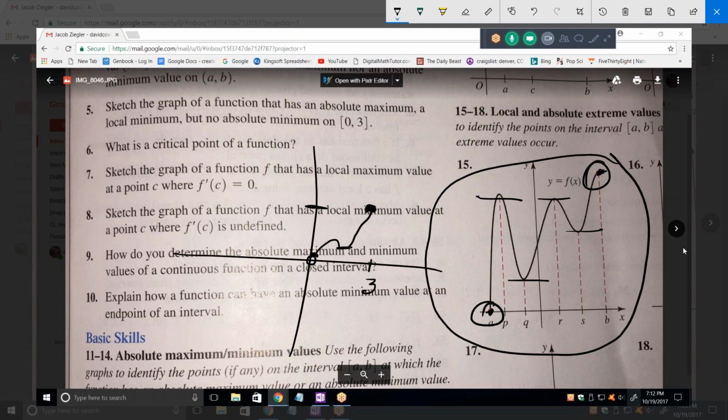So if you were examining maximums and minimums, you'd want to make sure you check the end points also. I don't think the definition of critical point includes the end points, but I'm not 100% sure.